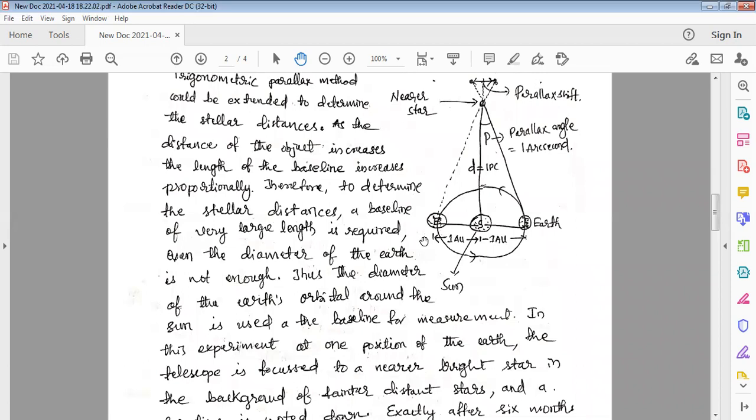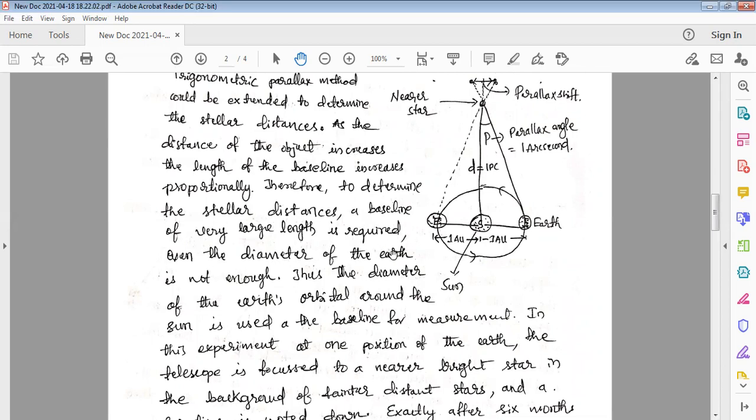So we have to think of some other ideas. So this is a very important point: as the distance of the object increases, the length of the baseline increases proportionally. Therefore, to determine the stellar distances, a baseline of very large length is required.